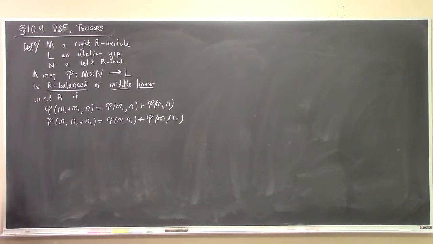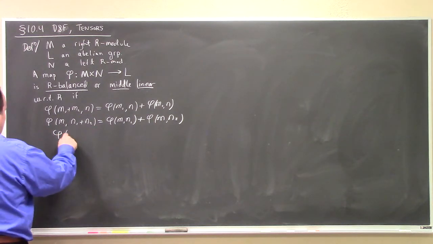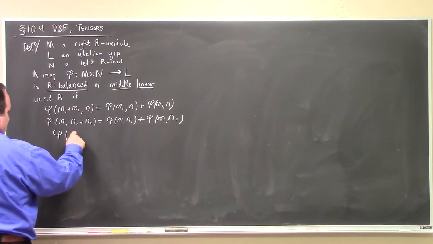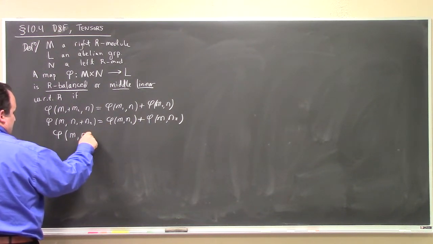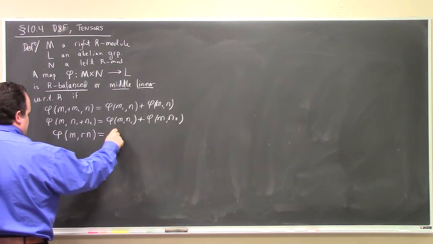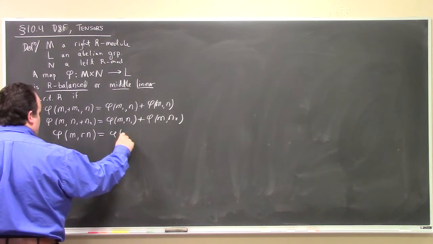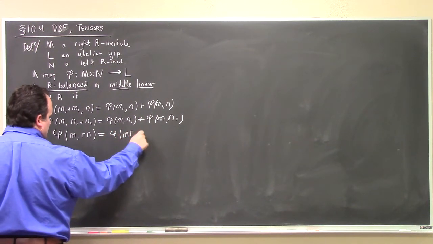I regret not just saying this in words. And finally, phi of M, and here's where the middle linearity comes from, M R comma N is equal to phi of M comma R N.